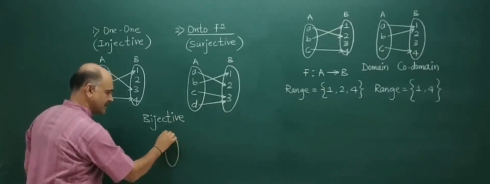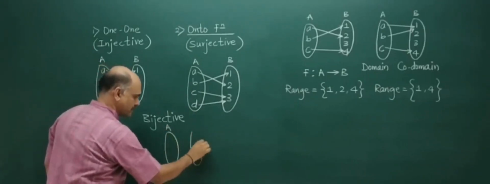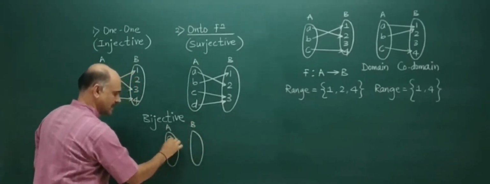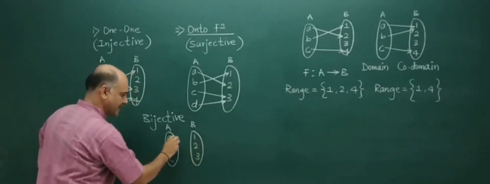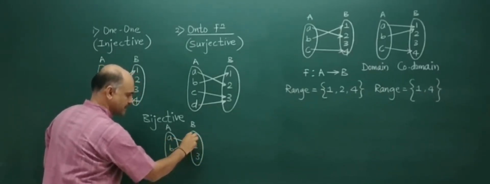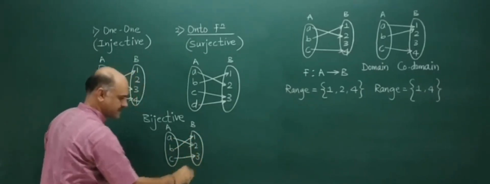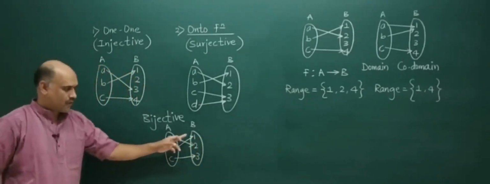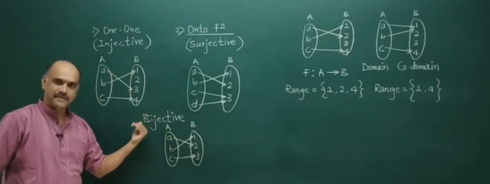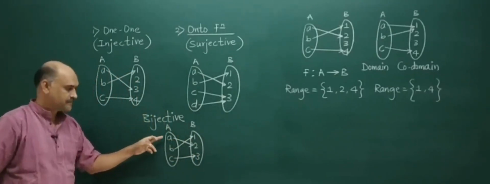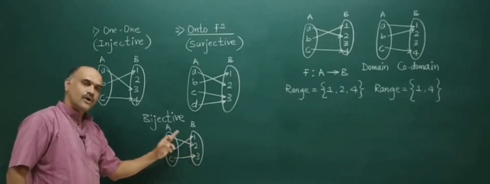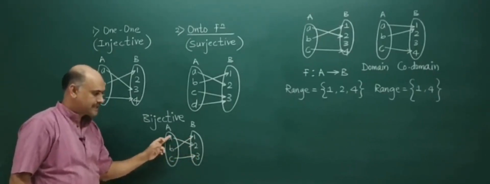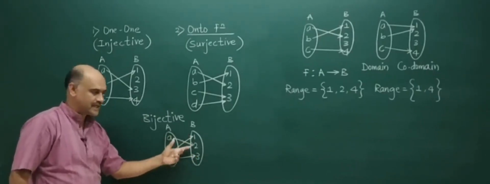So if I take A, B, C, 1, 2, 3. A is related to 2, B is related to 1, C is related to 3. Now all elements of set B are images, so no element is unrelated, all elements are related, and each one is related to distinct elements.